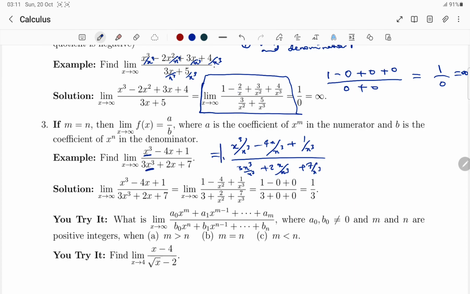So you take the limit as x approaches infinity of that.